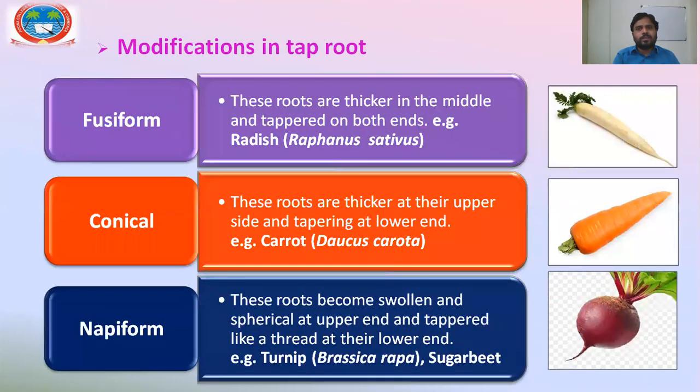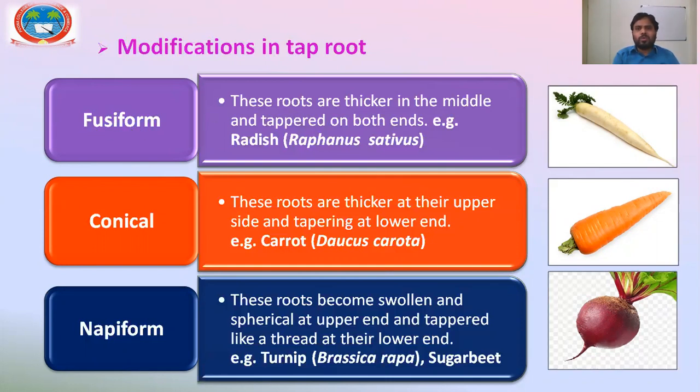Now, what are the different forms of the root, or modified forms of the root? We'll study them under two headings: the modifications in taproot and the modifications in adventitious roots. First of all, we'll talk about the fusiform root.